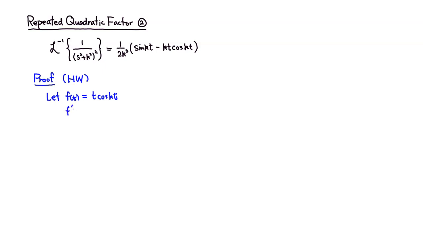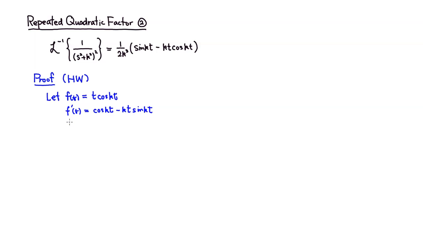So f prime of t, using product rule, is 1 times cosine of kt minus t. The reason it is minus is that the derivative of cosine of kt is negative k times sine of kt.